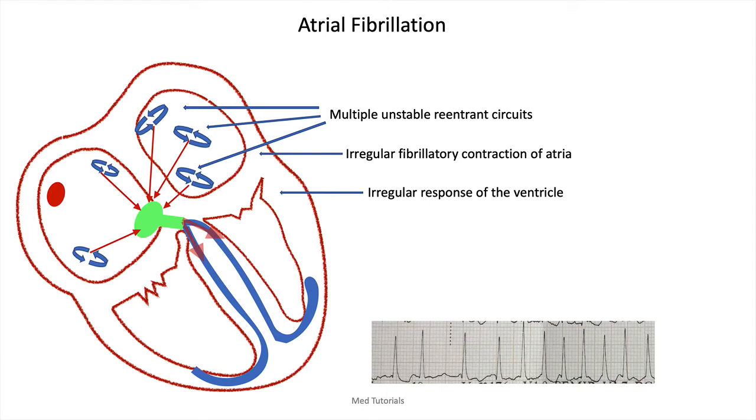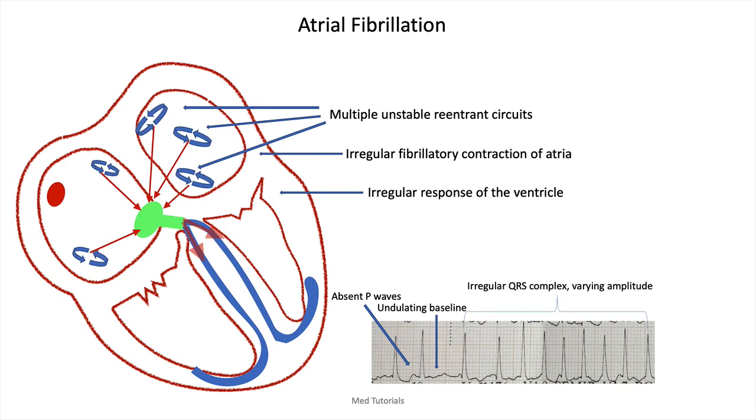Now this is a classical ECG in atrial fibrillation. And if you see the P waves, because there is no proper contraction of the atria, we have absent P waves. But what is sometimes seen is an undulating baseline, which actually represents the fibrillating atria.